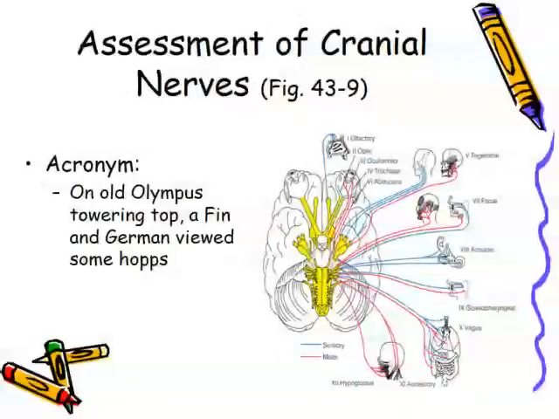The letter at the beginning of each word is kind of an indicator to remind you what the different cranial nerves are. So you can use that acronym, On Old Olympus Towering Top, A Finn and German Viewed Some Hops, and read the speaker notes to see how you can help to remember those cranial nerves.